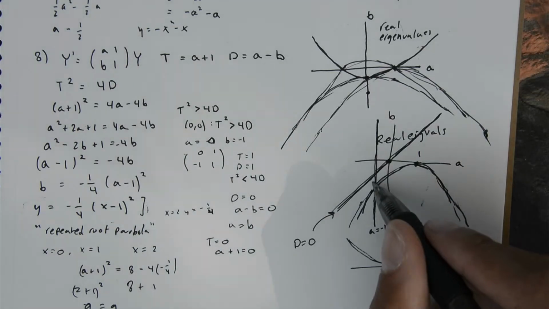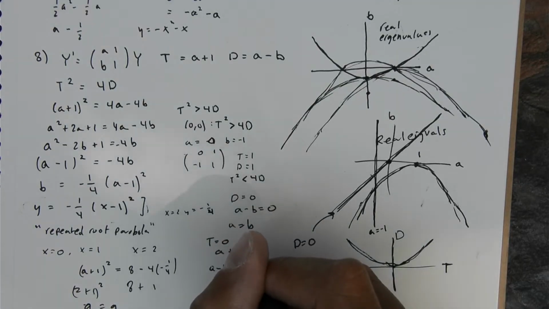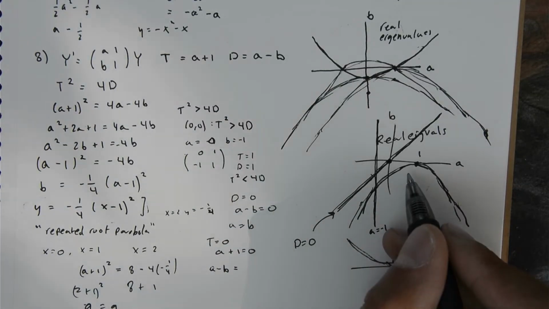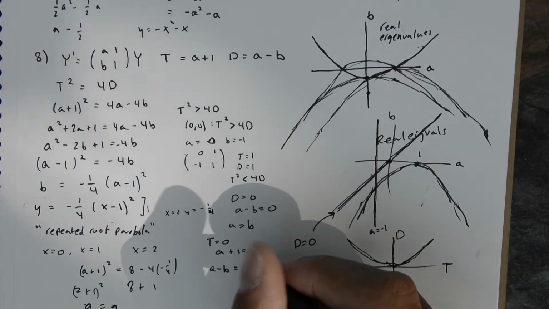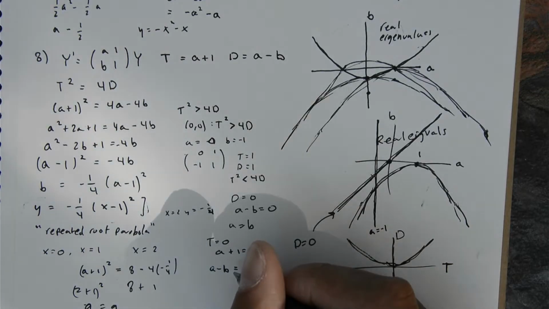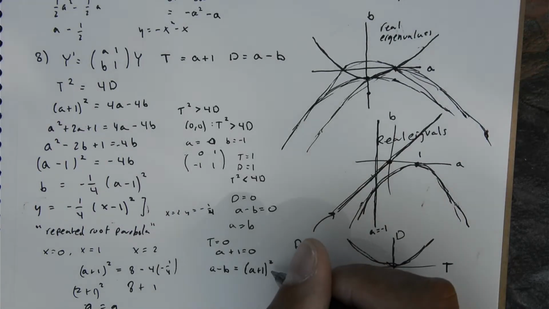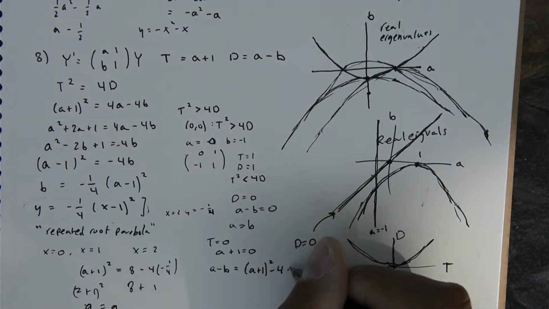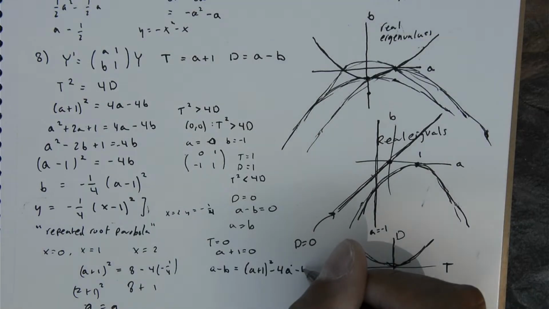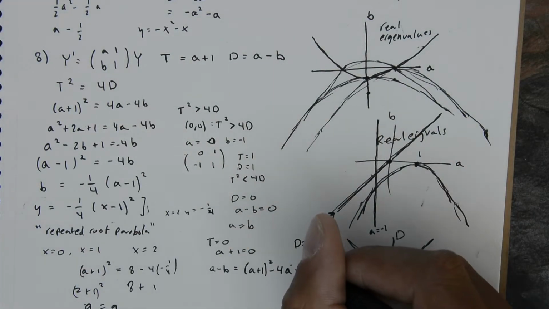I don't know if these meet. Do these meet? We'd have to plug in a minus b is equal to this curve, which is a plus 1 squared minus 4a plus 4b.